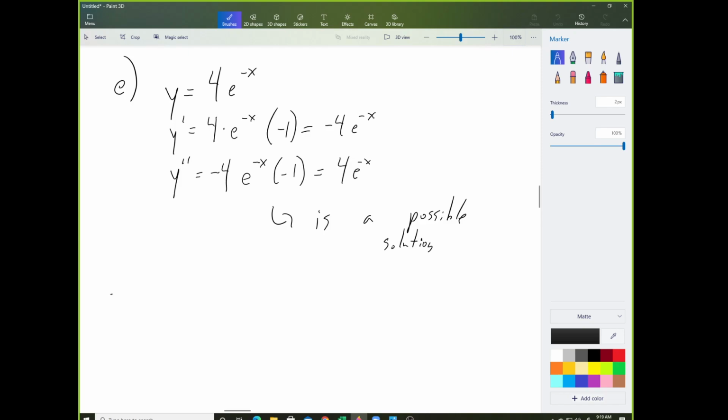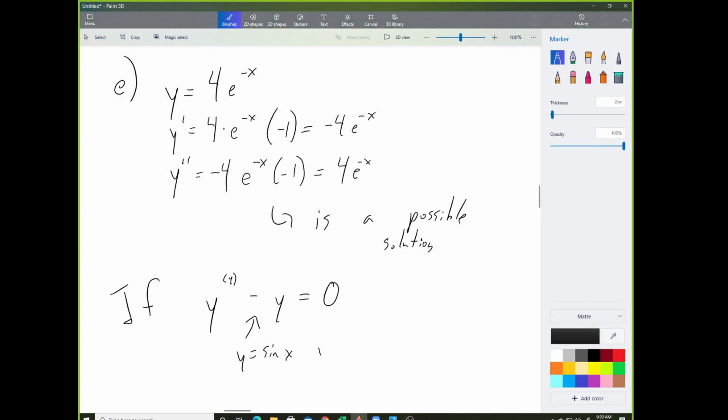So for example, if my equation had been y to the fourth, and remember, we never really seem to take fourth derivatives, but this is how you would write it. Had it been this, then y equals sine of x would work, as well as anything that was in e to the x.